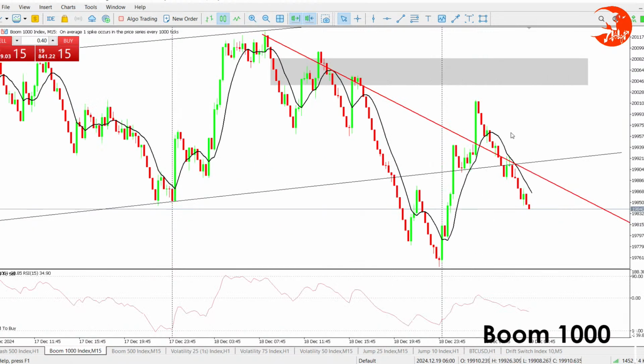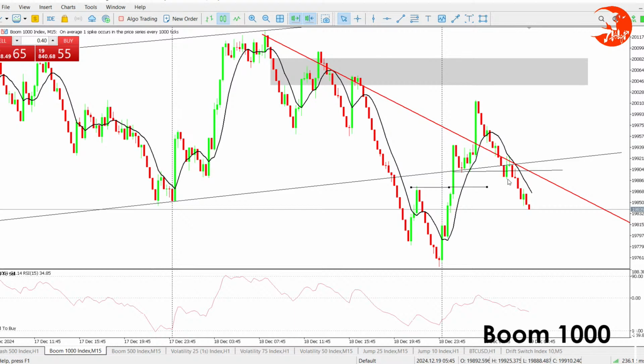On M15, we see that this was a change of character there. It started to give us higher highs and higher lows, reached there, started to come back, and this was another change of character right here according to H1, M15.